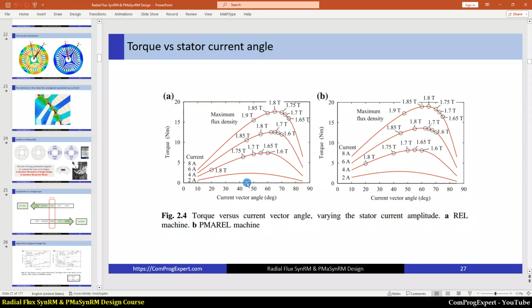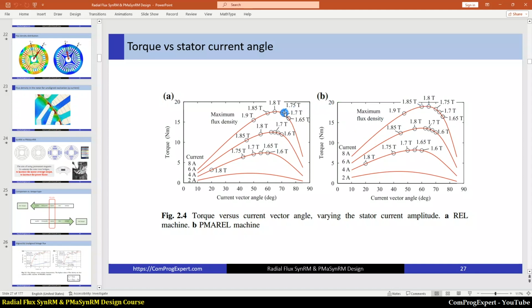As you can see here, when we increase the excitation level, the maximum torque occurs at a current angle higher than 45. And this is the graph for the PM assisted motor. For the PM assisted motor, in comparison with the reluctance motor, the maximum torque is higher.